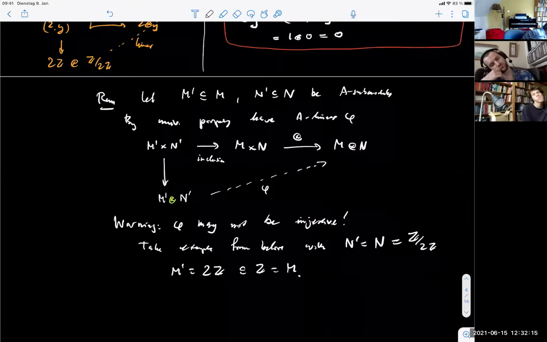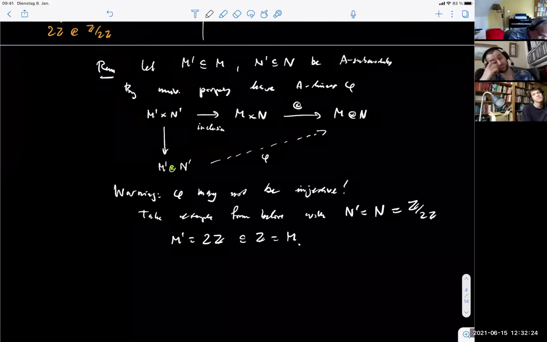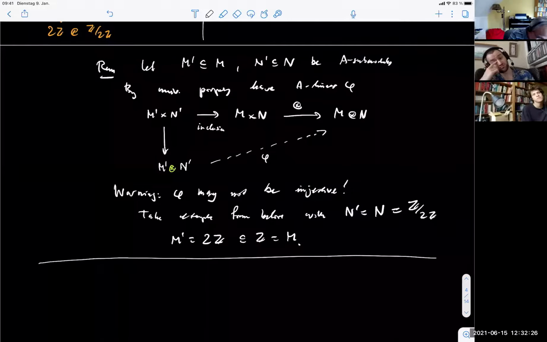So now let's continue with a little bit of abstract nonsense, like mathematics is just what one has to do, of course. I have another remark, which is pretty obvious. I can also define the tensor product for more than two modules.